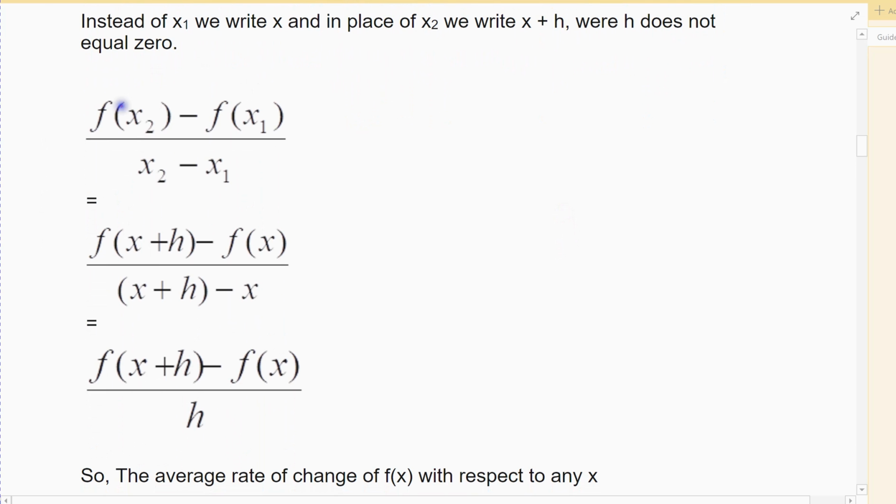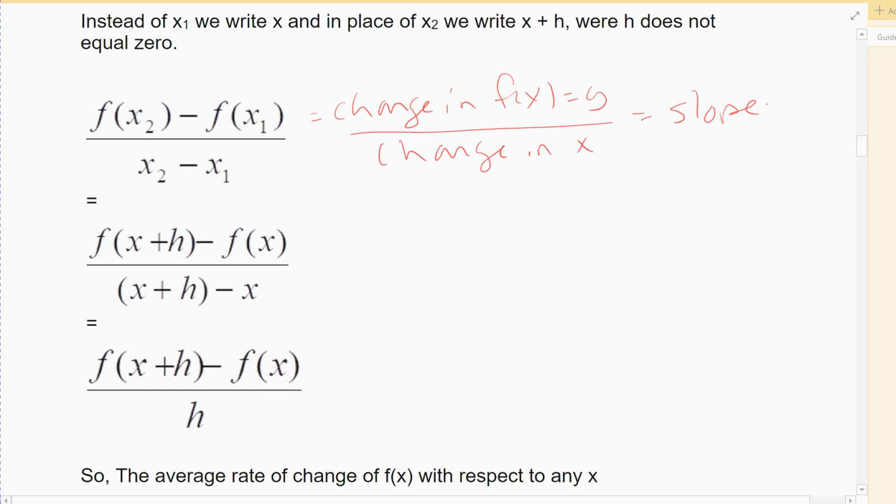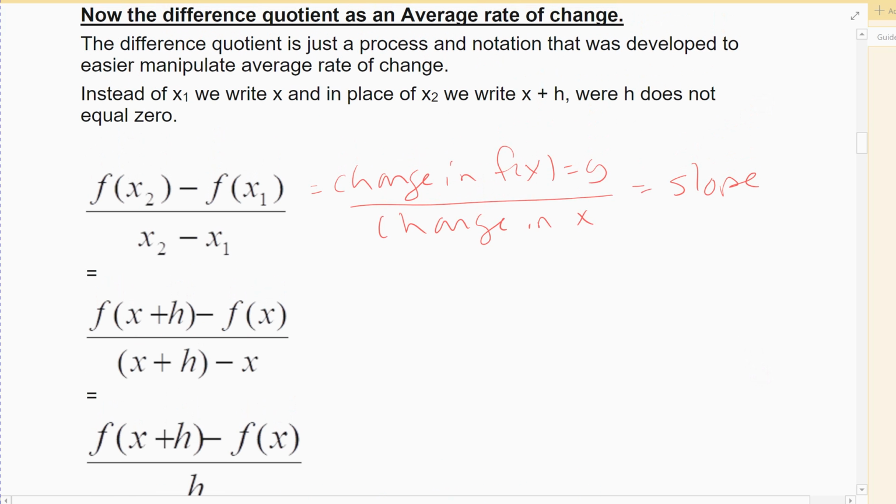Alright, so remember, this is the original expression of the average rate of change: change in my function, the y values, over the change in x. Again, that's still the slope of my secant line. And then all we're going to do is rewrite it using different notation. So instead of point 1, we're going to let it be a general x value.